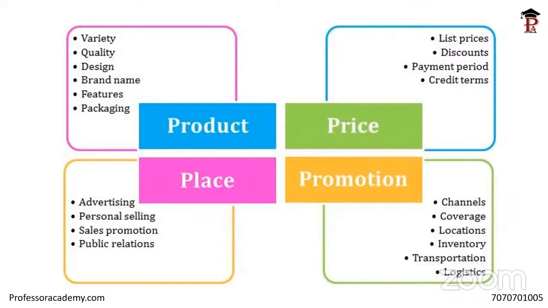Then we have promotion. It is an activity that communicates the value of the product or service to a target market. So it includes advertisement, sales promotions, public relations, and then direct marketing. Then the channel is the way you're promoting your product.